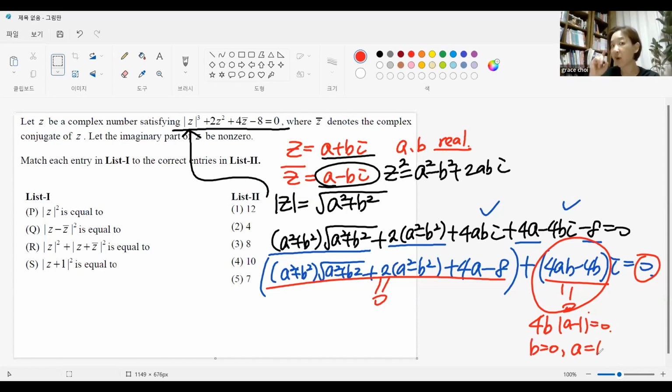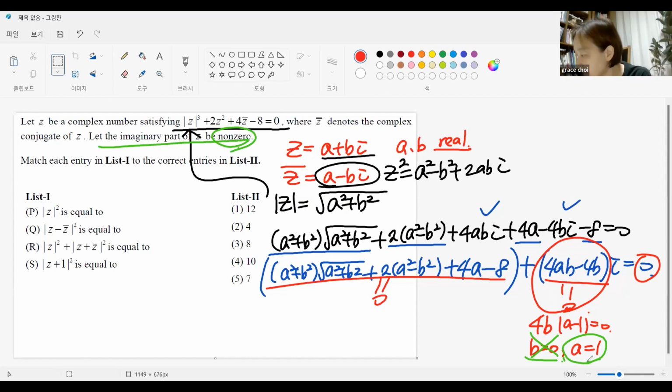But read the question very carefully. Always. Here, let the imaginary part of Z be non-zero. Given information is very, very, very important. Non-zero, thus b cannot be 0. So erased, deleted. Thus, we have a is 1.